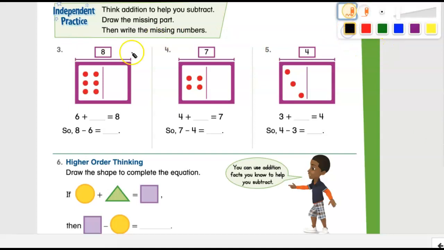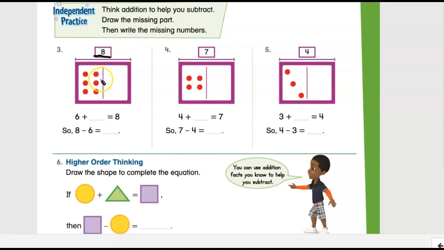In number 3, it tells us that our whole is 8. So our total is 8. And how many counters do we have on this side? We have 1, 2, 3, 4, 5, 6. So we are going to be thinking and using addition to help us subtract.